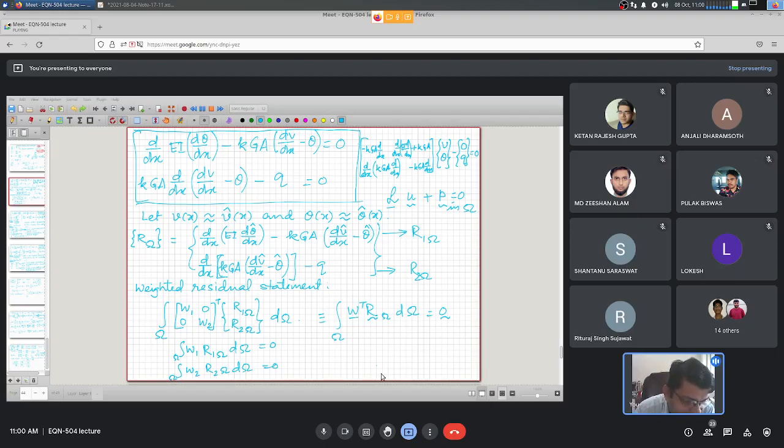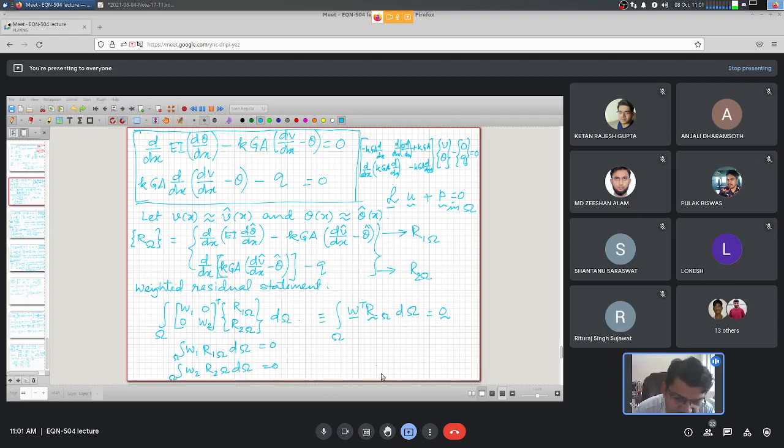Similarly, for the second weighted residual statement, one choice of weighting function gives you one equation, another choice gives you another equation. So together you have four equations, and these four equations are to be taken as a whole representative of the approximation. After you impose the boundary conditions and solve those equations, you will get the primary variables at the nodes.